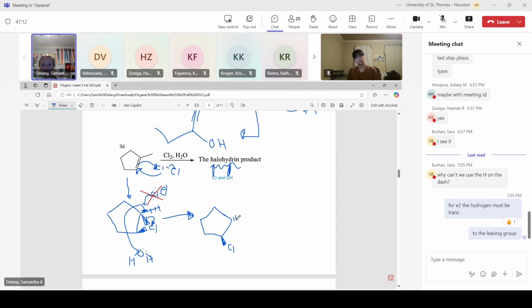So we know that the water that we've added is going to be trans to that chlorine. We haven't lost any hydrogens yet on that water, so it's still positively charged. And then we can't forget to add in the methyl group that was still there. It's going to be a little bit ugly.